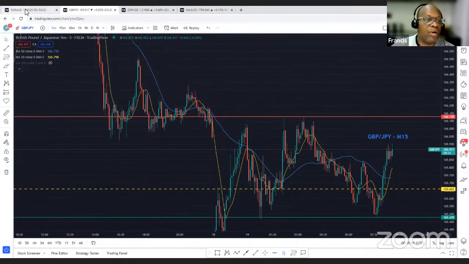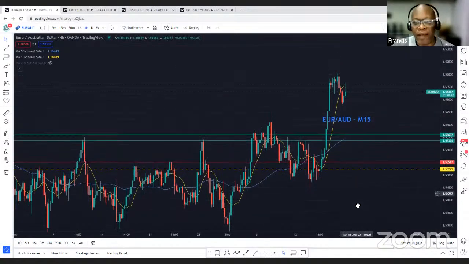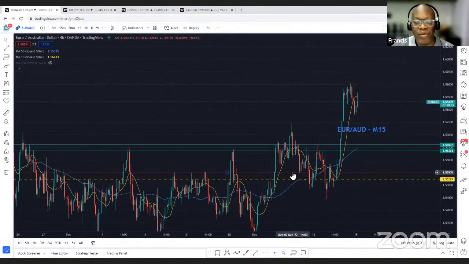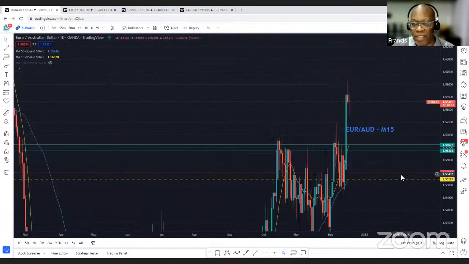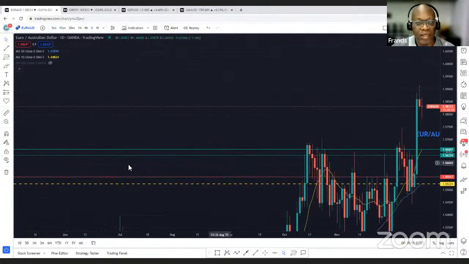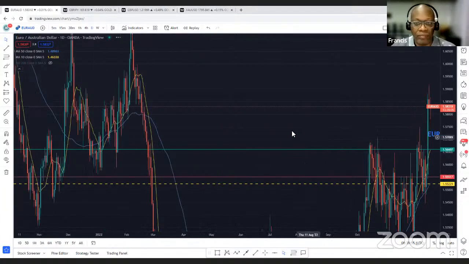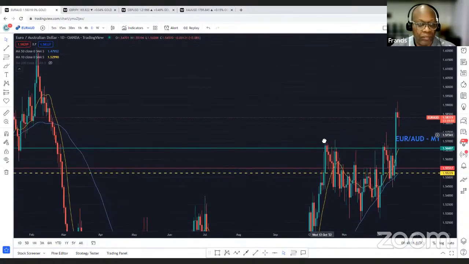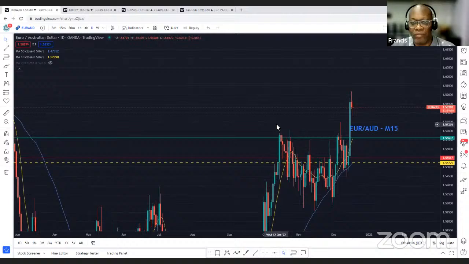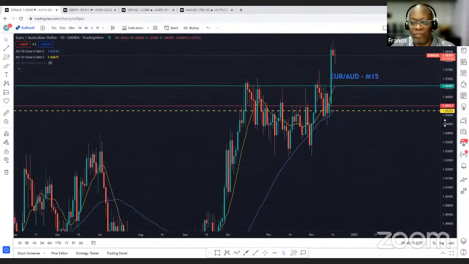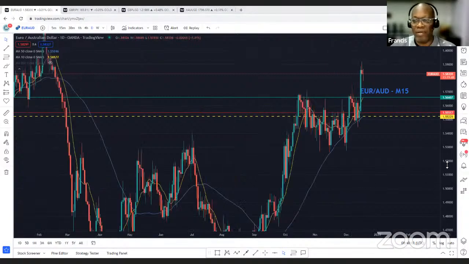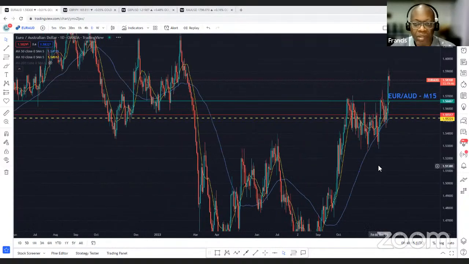Okay, let's look at Euro Aussie dollar. I do love to trade Euro Aussie dollar. Let's just check the daily. See some interesting stuff here. For me, I believe Euro Aussie dollar wants to push up.